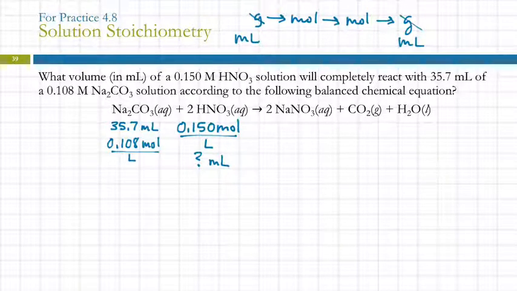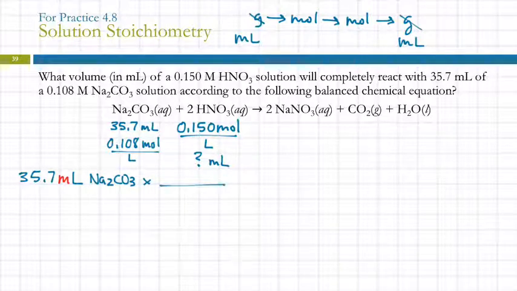So I'm going to start with volume of the sodium carbonate. So 35.7. And there's that milli that I'm just going to ignore for now. Milliliters of sodium carbonate. The next step is going to moles of sodium carbonate.